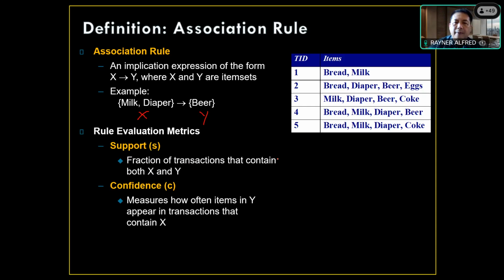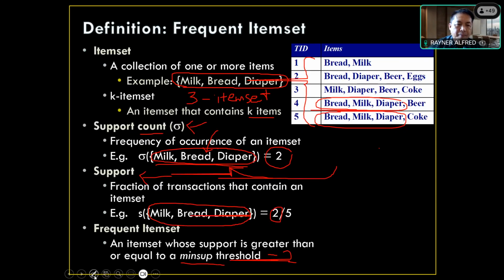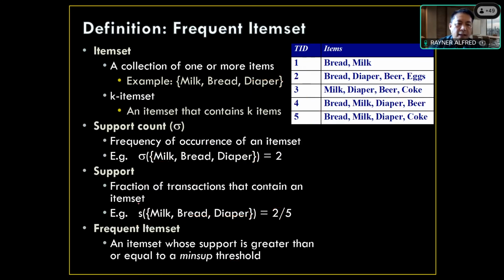Okay, so going back to the previous example here, we are using this support. In this example, the support for this is 2 over 5 because we have 2 rows here containing this 3-itemset over 5 rows.